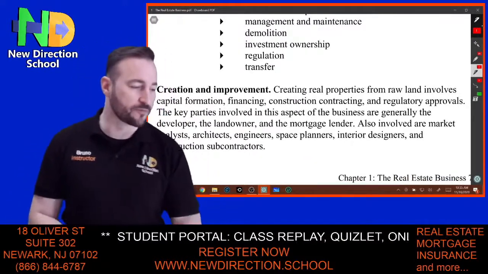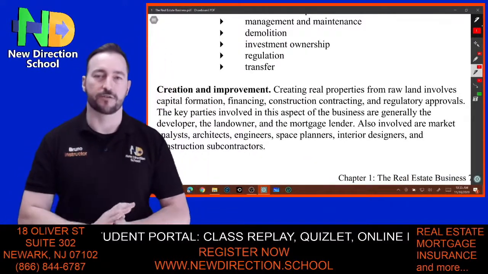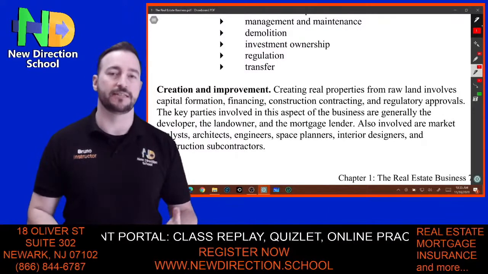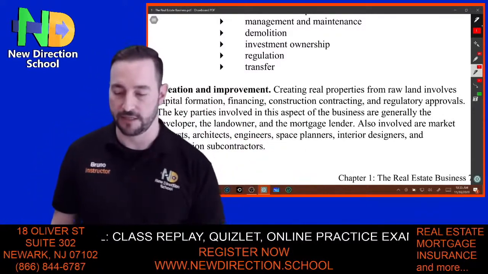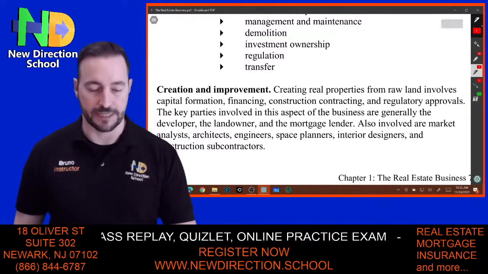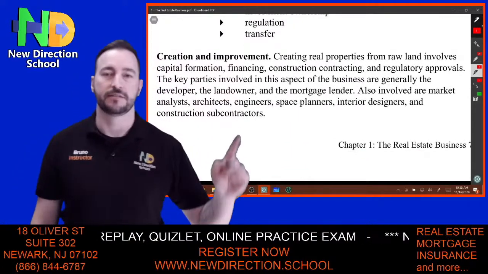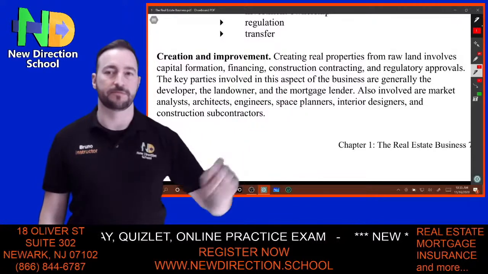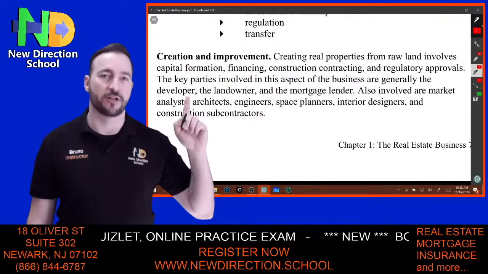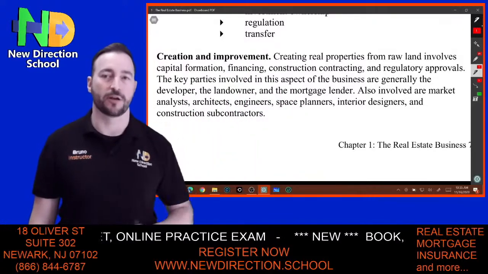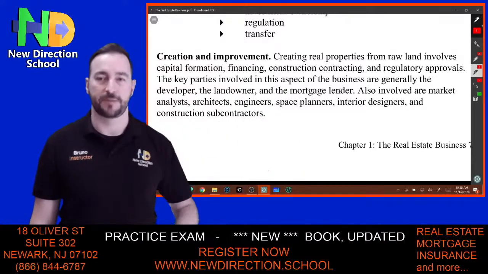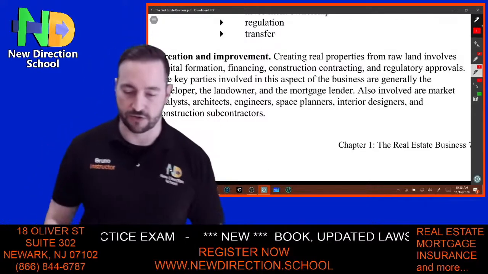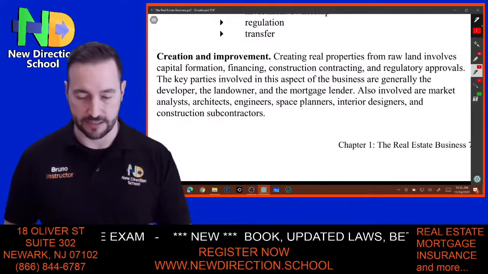Under creation and improvement, it says here, creating real estate properties from raw land involves capital formation, financing, construction, contracting, and regulatory approvals. And the key parties involved in this aspect of the business generally are a developer, the landowner, and the mortgage lender. Also involved are market analysts, architects, engineers, space planners, interior designers, and construction subcontractors.